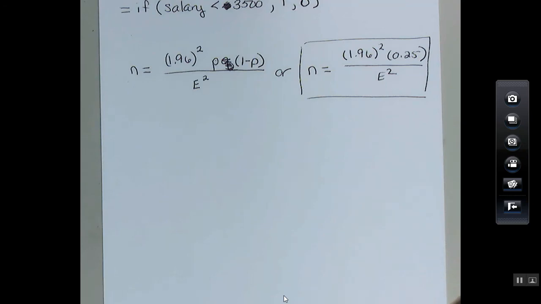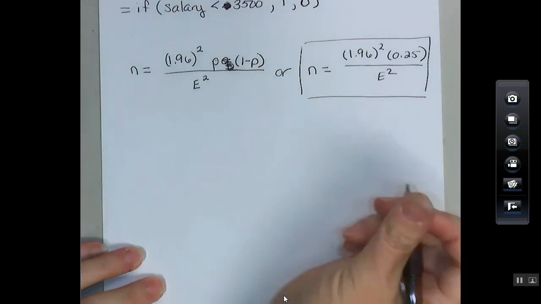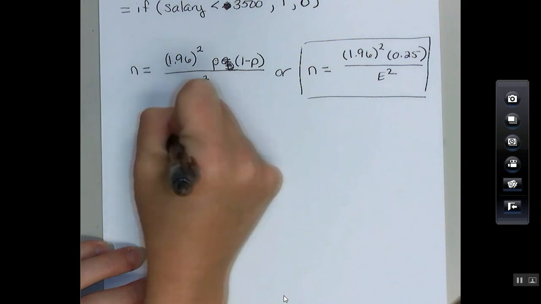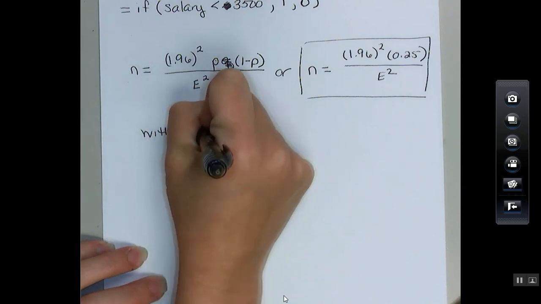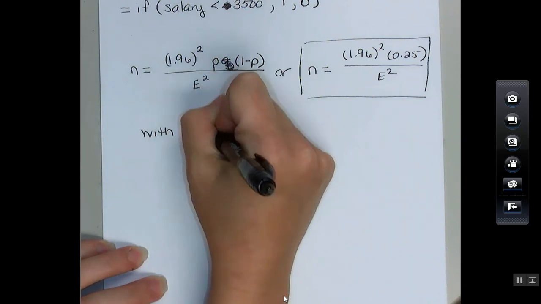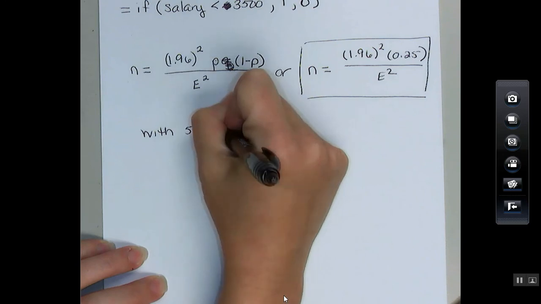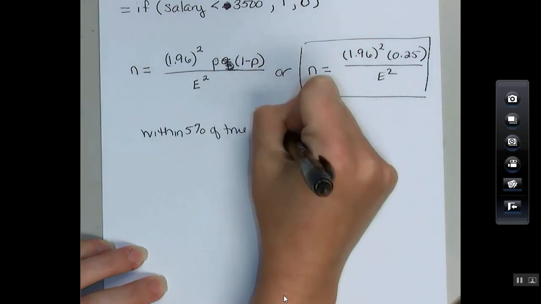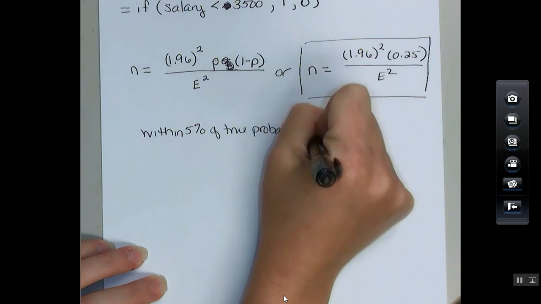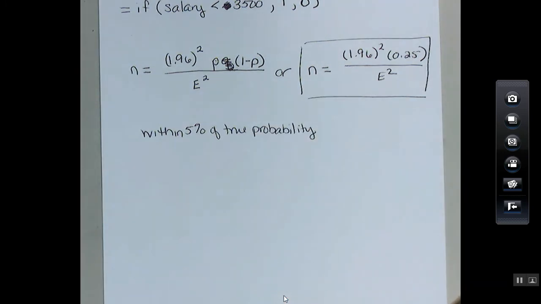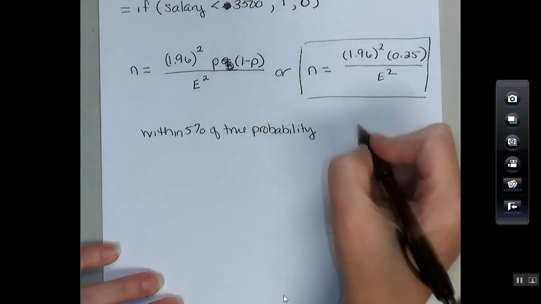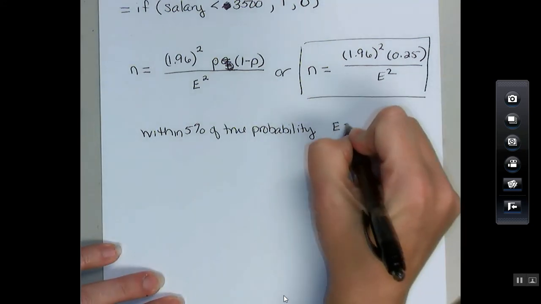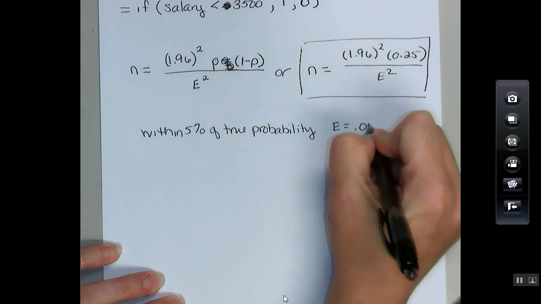So let's say he wants to be within 5% of the true probability. He may in fact want to be closer than that. He may want to be within 2% of the true probability. But let's go with 5 for now. This means our E in this formula is 0.05 for 5%.